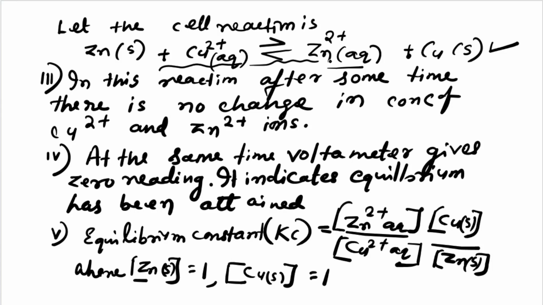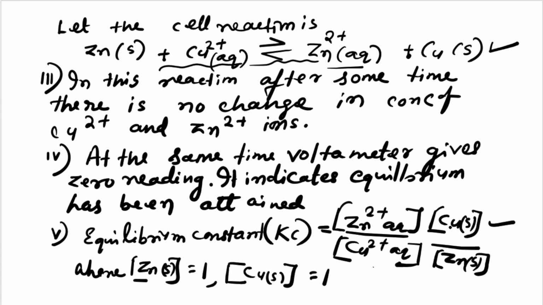That means Kc equals the concentrations of all products divided by the concentrations of all reactants. On the product side we have Zn2+ and Cu(s), and you put both concentrations here. On the reactant side we have solid zinc and Cu2+. Here this is the molar concentration of Cu2+ and this is the molar concentration of Zn2+.